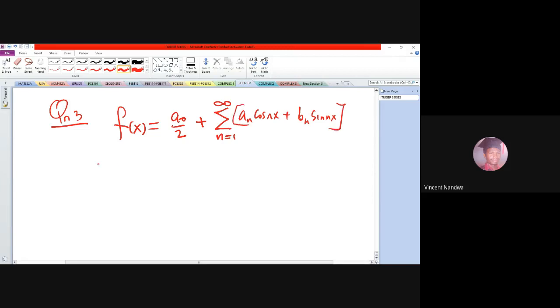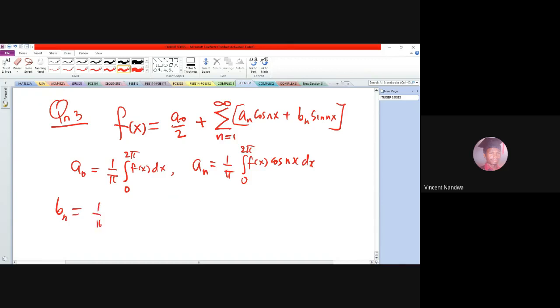This is by definition, where a0 is 1 over pi, the interval of integration is 0 to 2 pi, f of x dx, and an is 1 over pi integral from 0 to 2 pi of f of x cosine of nx dx, and bn is 1 over pi integral 0 to 2 pi of f of x sine nx dx.